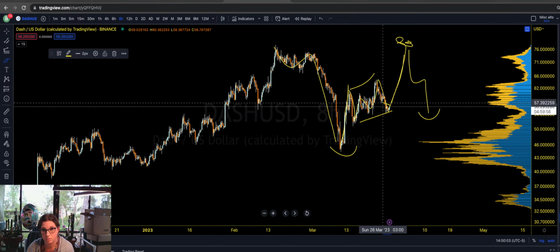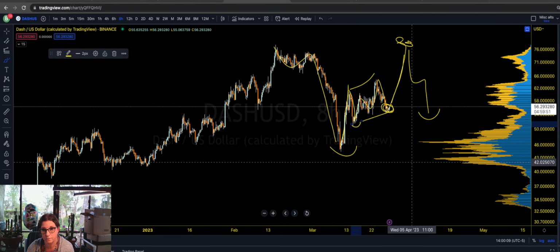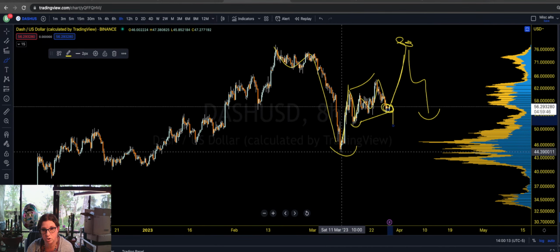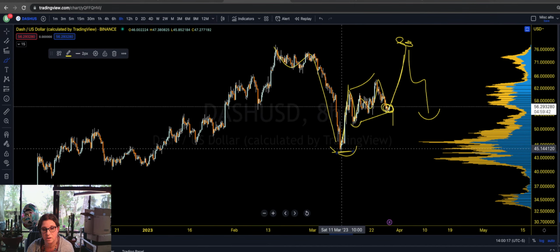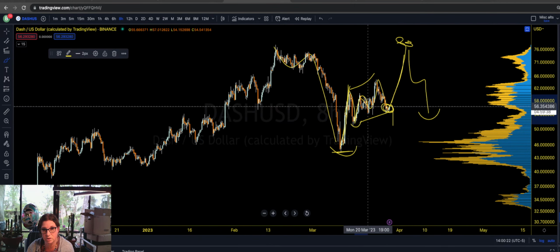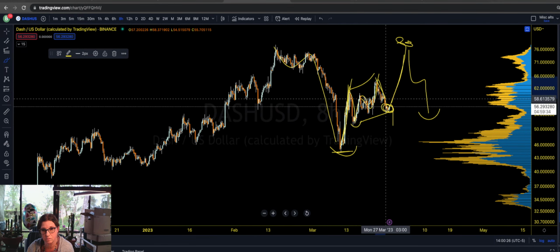This here, it would be extremely more bullish if it didn't break this low. But if it does roll over again, we just don't want to break this bottom. Otherwise, this was just a corrective move, that most likely this was attached to this, and that this leg is coming now.